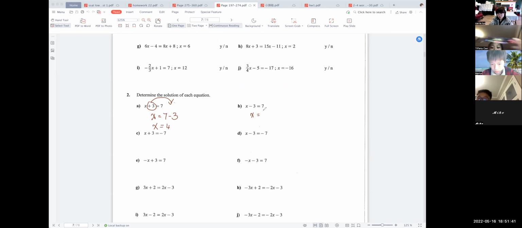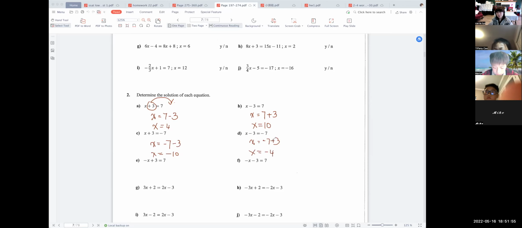Okay, x equals 7 plus 3, so x equals 10. x equals negative 7 minus 3, x equals negative 10. x equals negative 7 plus 3, x equals negative 4. Get it? So this is so-called perfect. Okay, so 1, 2, 3, 4, 4 questions I want you to do yourself.